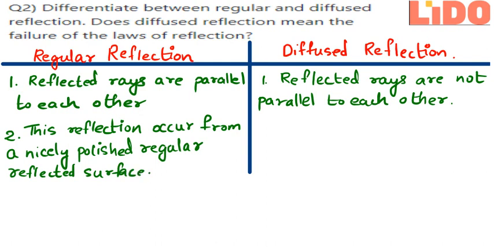So in regular reflection, the reflection occurs from a nicely polished regular reflected surface.